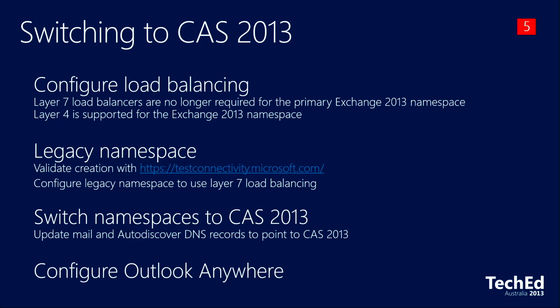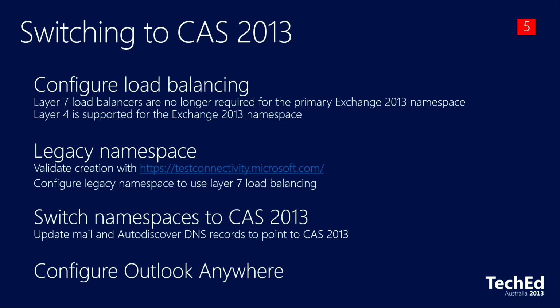Lots of different URLs will take you there. But you do definitely want to validate that that legacy namespace is working properly before you start moving people's mailboxes over. Because once you start that process, there's going to be 2007 users who haven't been moved, and they will require that legacy namespace in order to get access to their mailbox through the 2013 server.